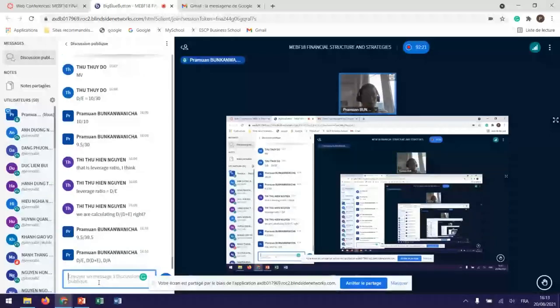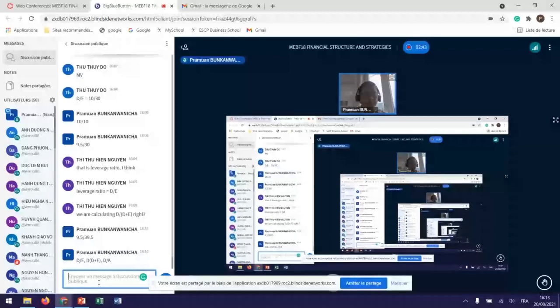All these are leverage ratios. Where D over E has a specific name, called the gearing ratio. I will not go into that detail, but don't worry too much. If you find a book, they give you a different definition. It really depends on how you define it.